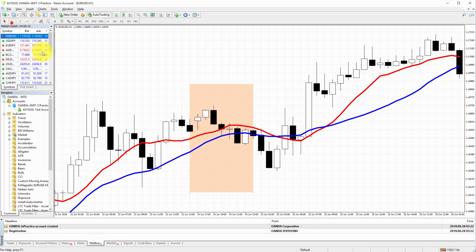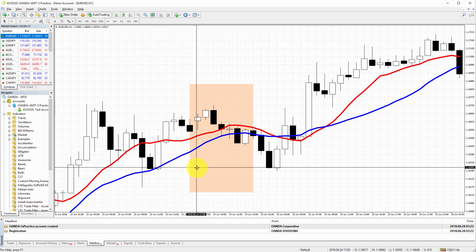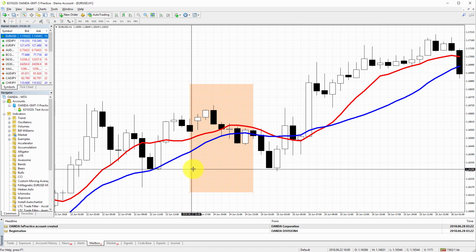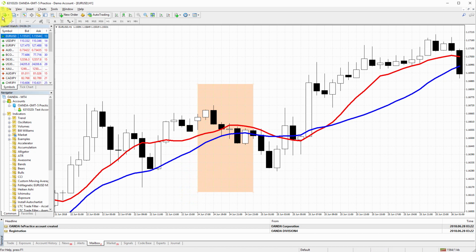So those are the price bars that happen on Sunday. At Sunday 5 p.m. it starts to draw the candles because of the time difference. And you can see these bars already drawn.